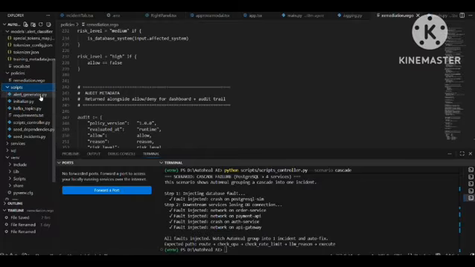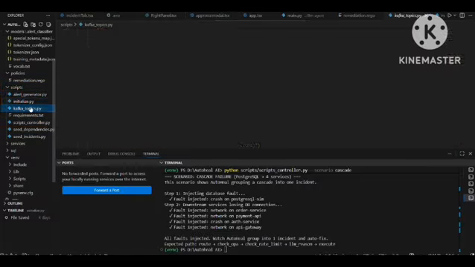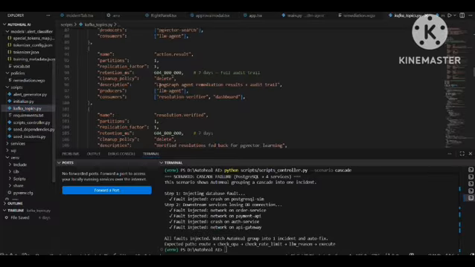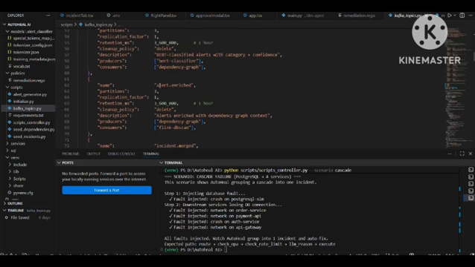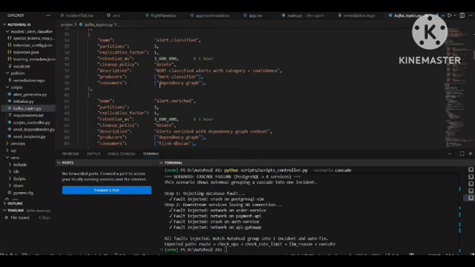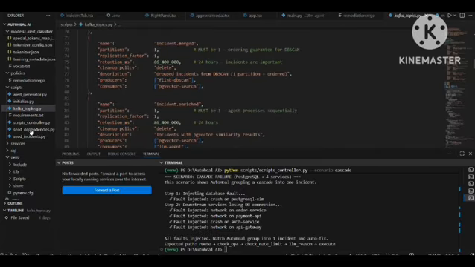Then scripts, this has something that is not in the dashboard. This is in the backend for increasing the efficiency of the services. Like the seed dependency, seed incidents, this is fed into PostgreSQL to increase the confidence level of the system.